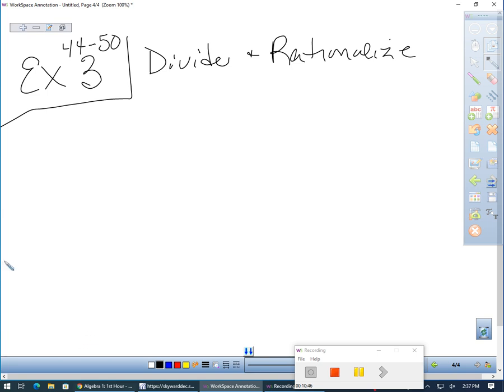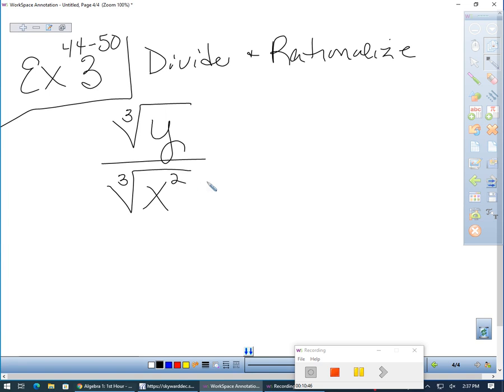Let's start off with the cube root. When I say divide, you should always do those same steps every time. Okay? So I have the cube root of y over the cube root of x squared.